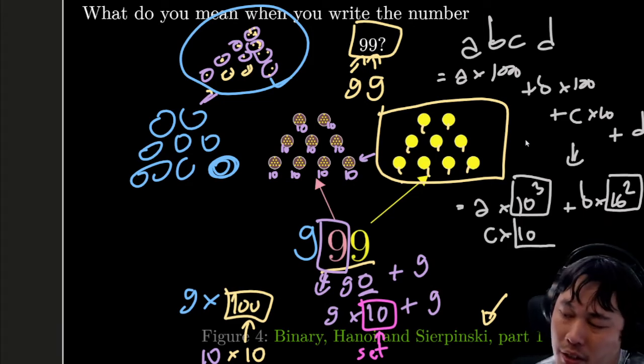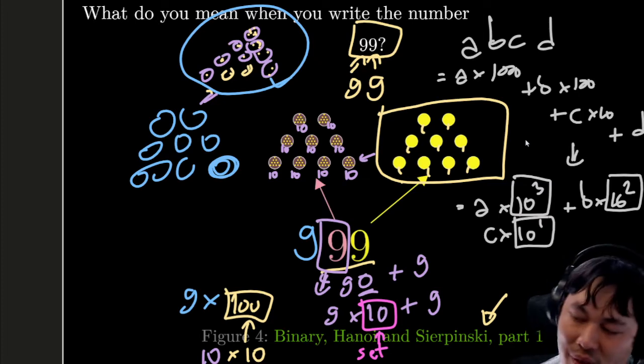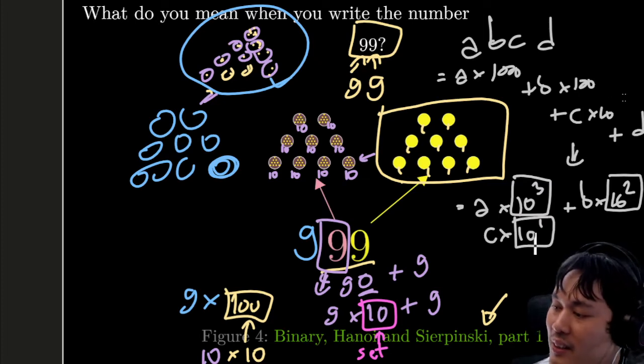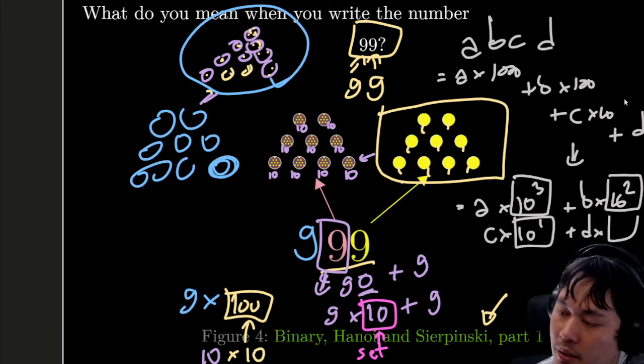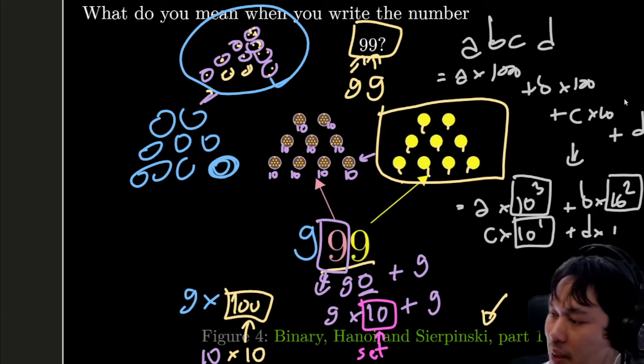Usually we just write 10, but here we put a 1 there to make the same pattern. And then just D times 1, which is really 10 to the 0. But maybe that's confusing here, so just leave it as 1.